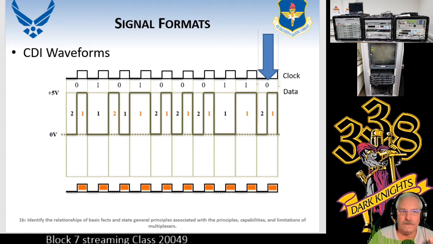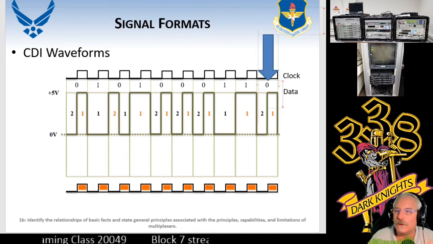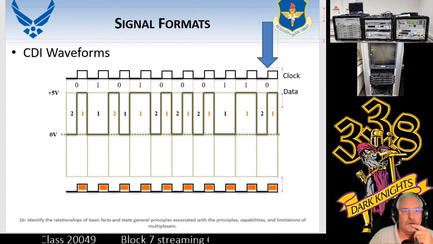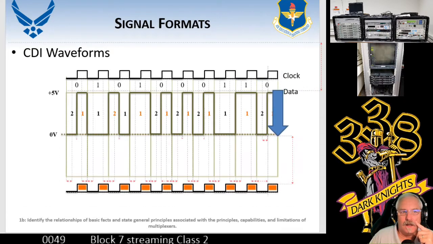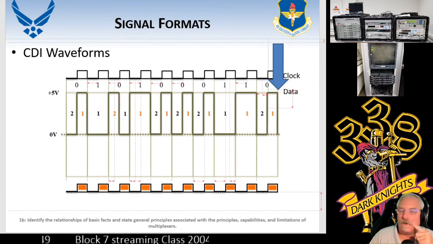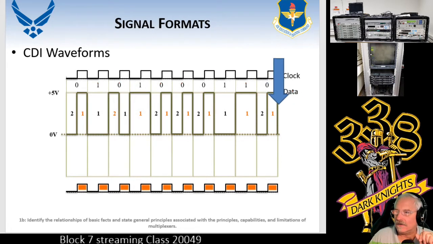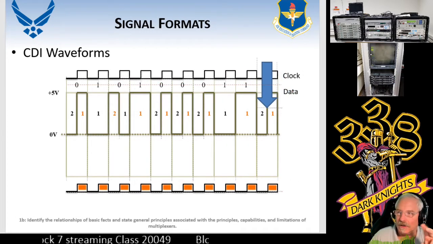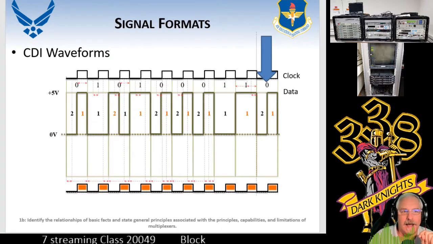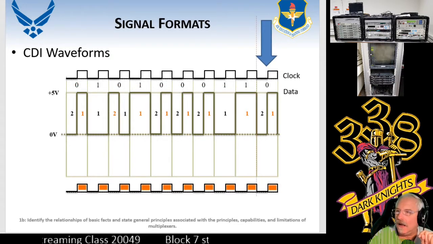We have a 0, which means that there are 2 clocks, 2 transitions that happen within that 0. You can see that halfway through the clock cycle, we got 1. The start is where we see the other transitions. So here's 1. Here's 2. So there's 2 transitions within that data of 0 within the clock cycle.